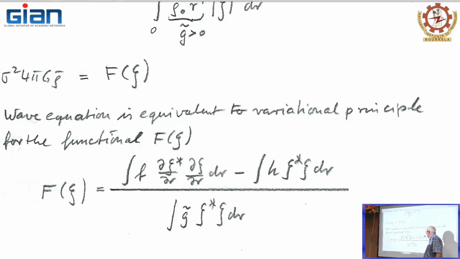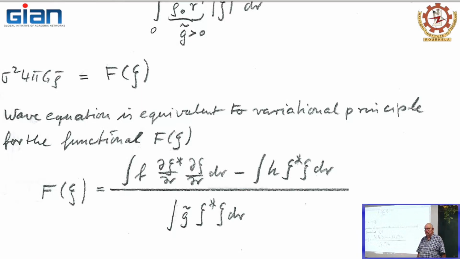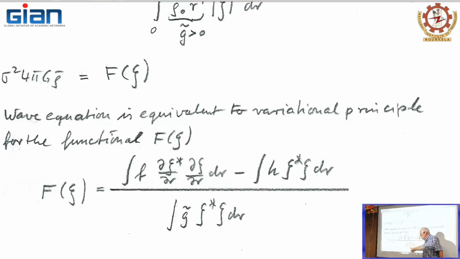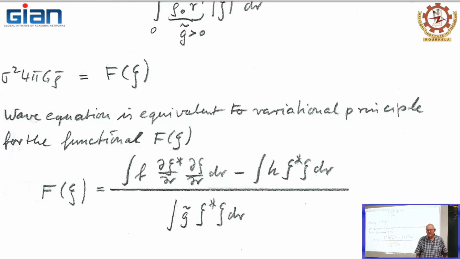So this integral will disappear. And here we have constant zeta, so this gives the modulus of zeta squared. And we have the same value for zeta star times zeta here. So this is just a number here. And because zeta is constant, we can cancel the modulus of zeta squared here.